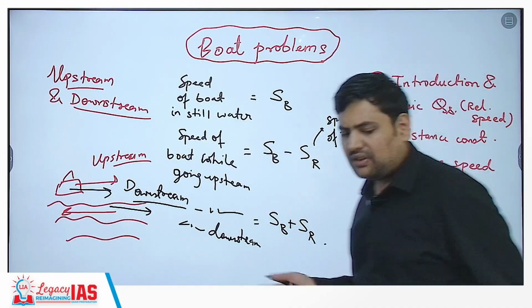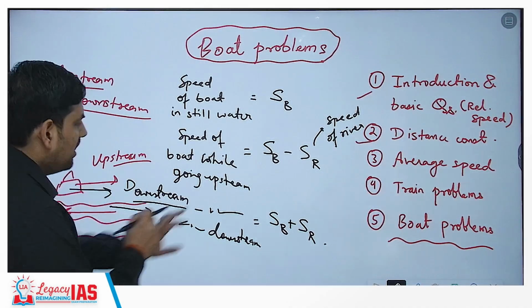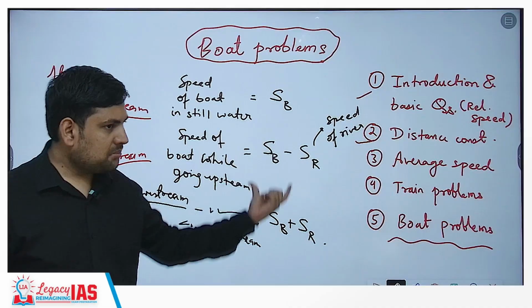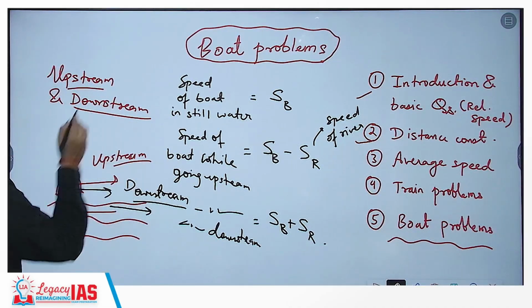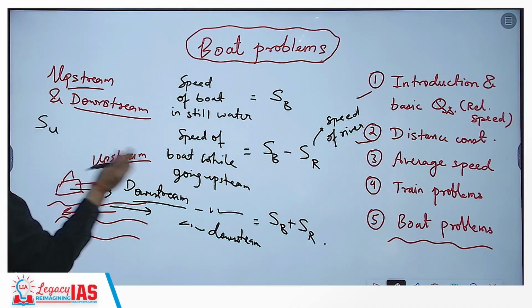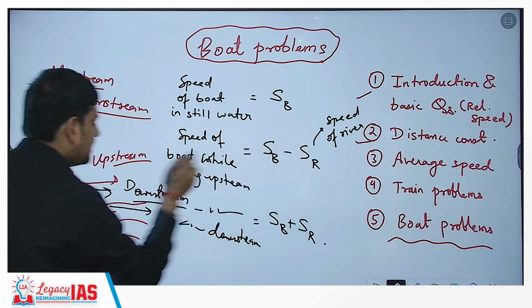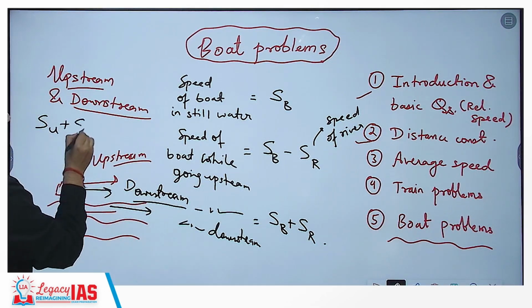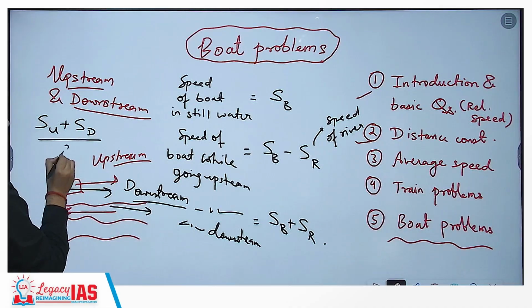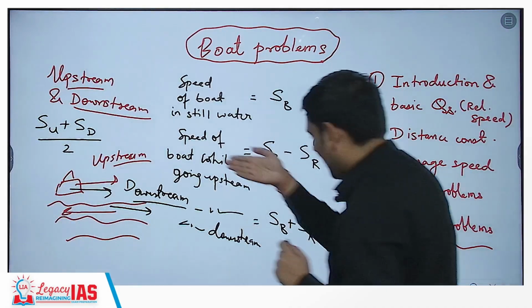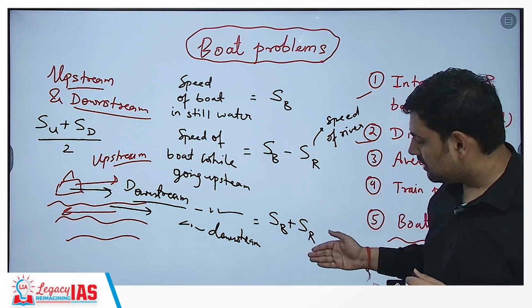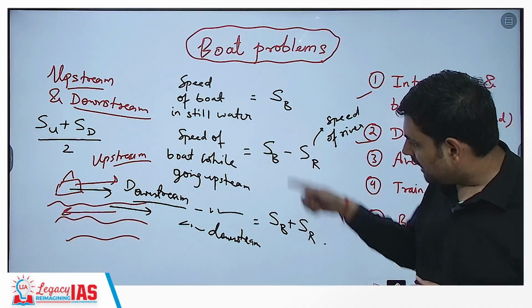Now, one formula that you can observe: if you add the speed upstream, which is speed of boat minus speed of river, and the speed downstream, which is speed of boat plus speed of river, the speed of river and speed of river will cancel out, and you get 2 times speed of boat.